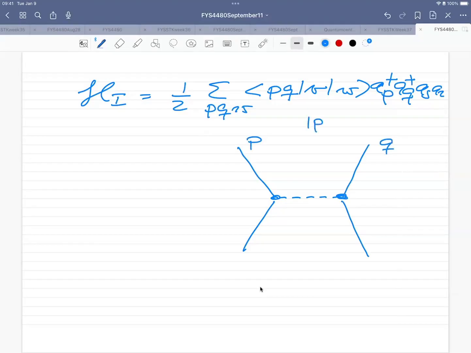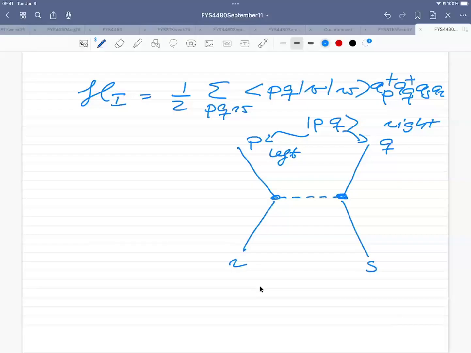So we have P here to the left. So the first one is to the left. And the second one is to the right. And then we have the next state here where we have the indices R and S. So depending on the type of operator, you would simply put labels on all the legs, but we have left the legs uncontracted.